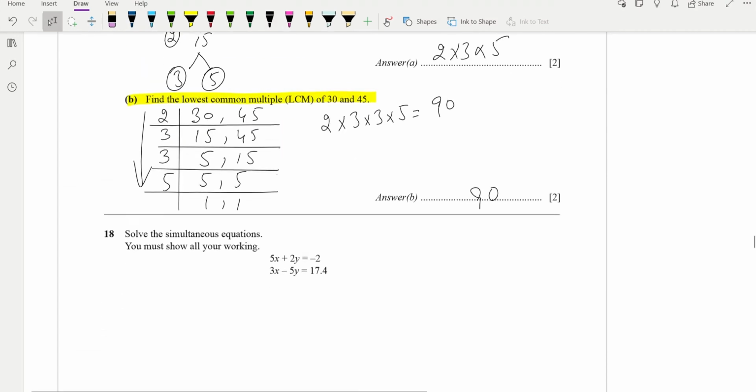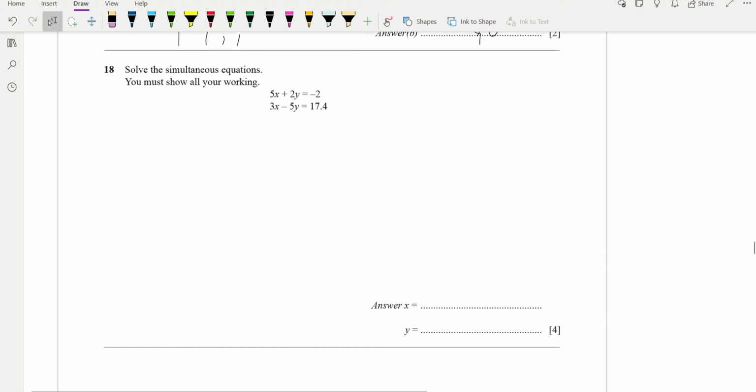Hopefully you understood this. Now simultaneous equation, an easier one. Solve this equation. Working we have to show, and if we check the equations, their coefficients are not equal, so we'll equalize the coefficient of, for example, x, so multiply the first equation by 3 and the second equation by 5.